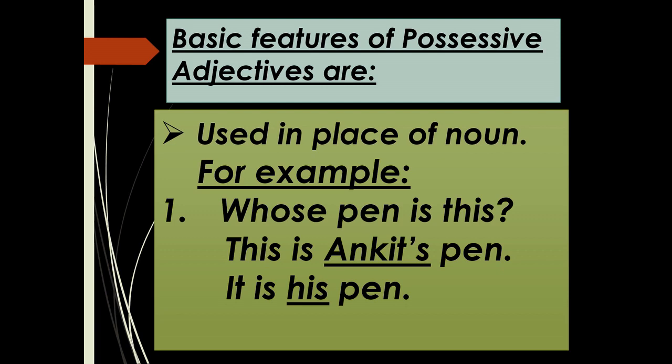Suppose Ankit is standing with you, then your answer will be, it is his pen. Here, his is used in place of Ankit and Ankit is the noun. So in short, we can say all those words that are used in place of a noun to show the ownership of someone or something are called possessive adjectives.